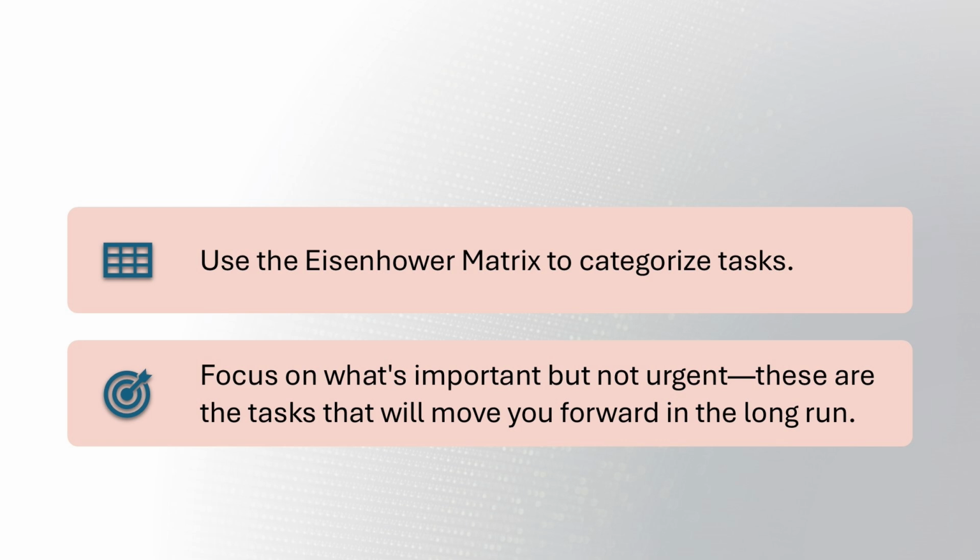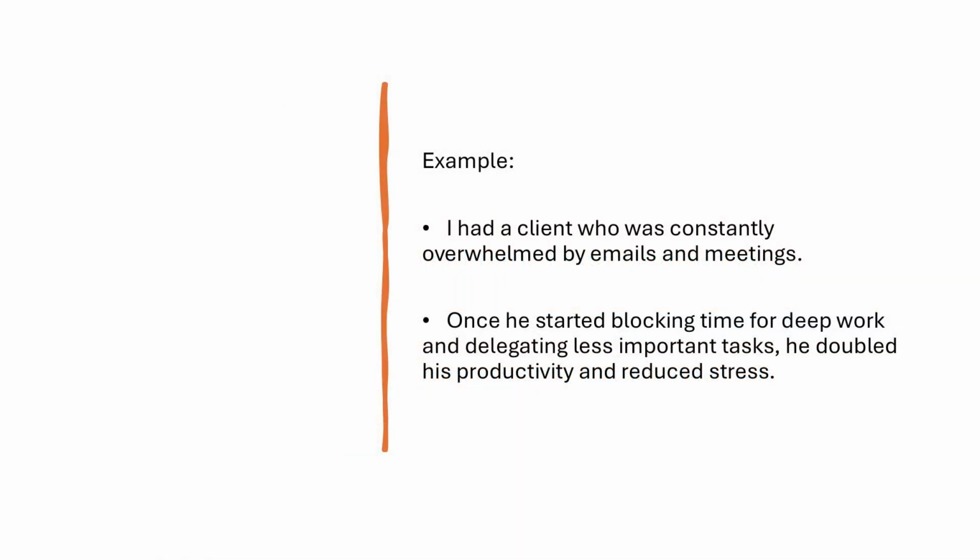If they are important and urgent, time is already on the scale. You are being rushed. But for you to execute from the perspective of strategic planning and thinking, you've got to focus on those plans that are important but not urgent. They are the tasks that will move you forward in the long run.